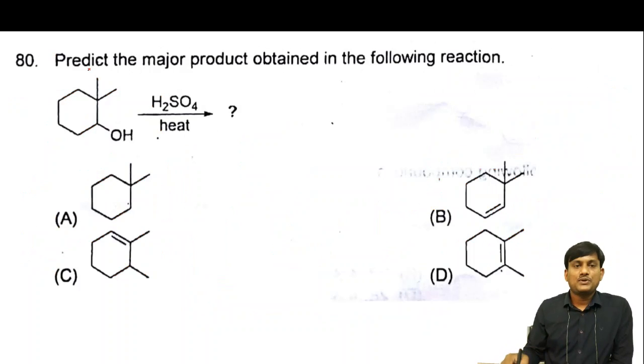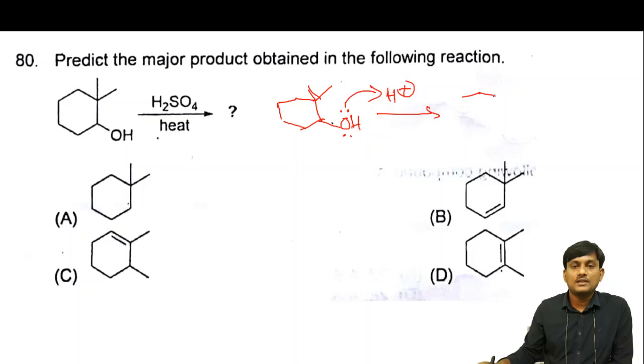Predict the major product obtained in the following reaction. Okay, acidic condition. So in this case, the OH, this one. When you treat with H plus, there is a protonation.